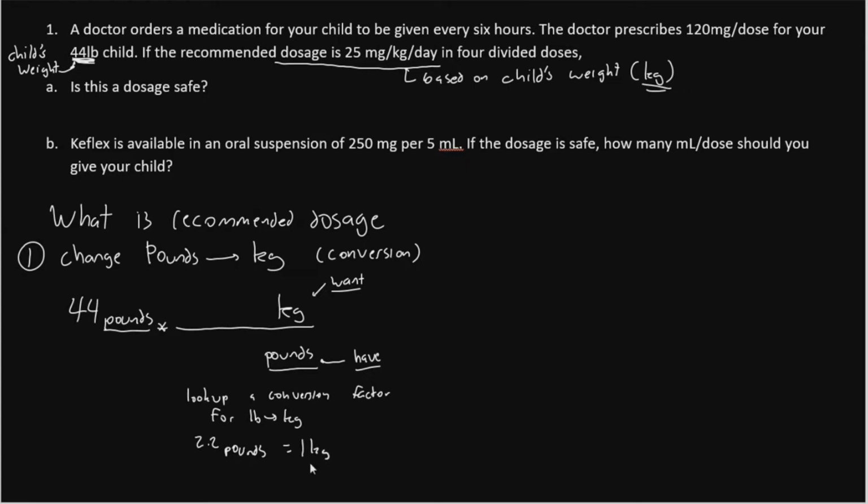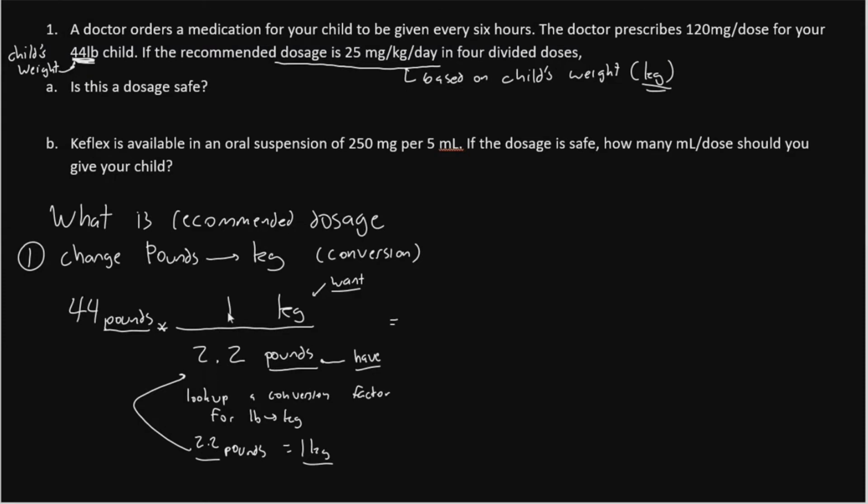Now, the reason why I'm paying so much attention to this is you must make sure that the 2.2, because it was next to pounds in your internet search, has to go next to pounds in your fraction. And the 1, which was next to kilograms, must go next to kilograms up here. So now our operation is 44 multiply 1 divide by 2.2.